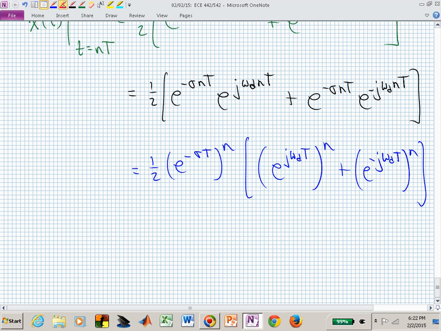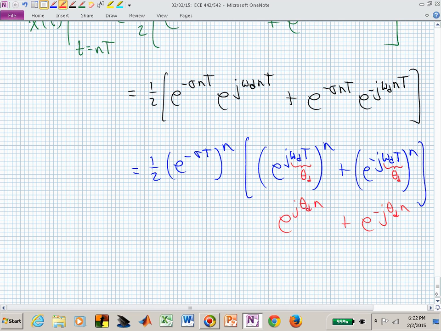And if I wanted to, I could collapse this omega sub d capital T into a new variable, theta, where now I have e to the j theta sub d n plus e to the minus j theta sub d n.